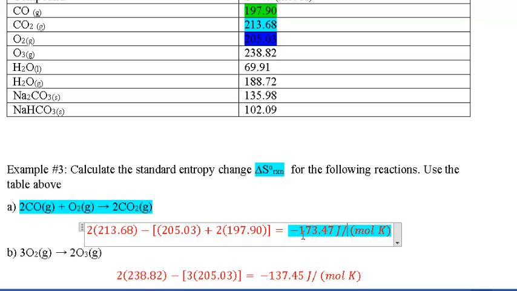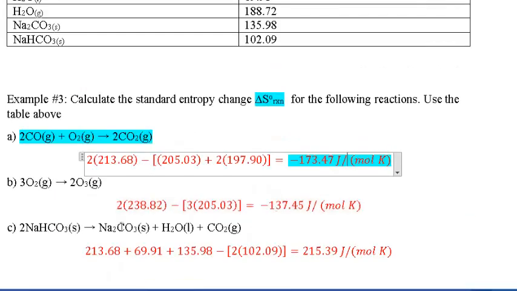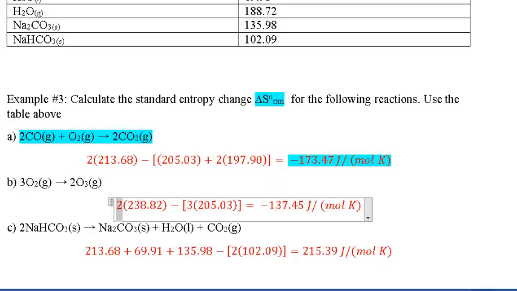This is a non-spontaneous reaction. You can tell, right? 3 moles of a gas on the reactant side, 2 moles of a gas on the product side. We're getting towards more order, and the negative sign reflects that. Same thing here, 3 moles of oxygen gas going to 2 moles of O3 gas. O3 gas is known as ozone. So products minus reactants, each one multiplied by their stoichiometric coefficient.